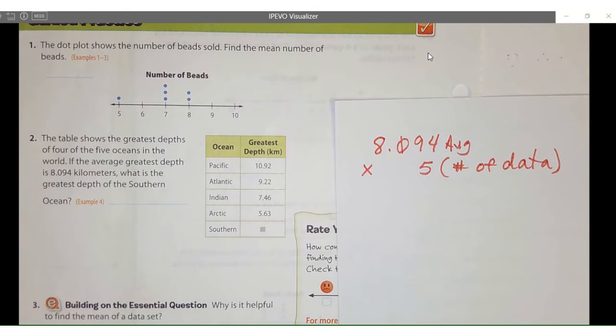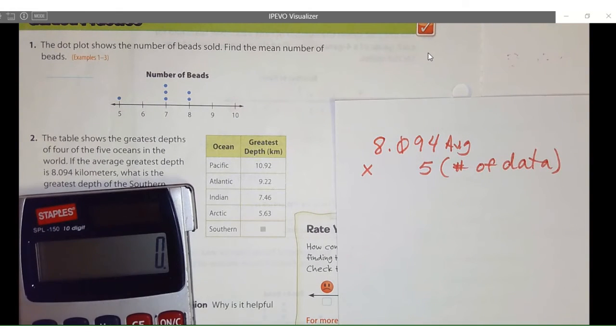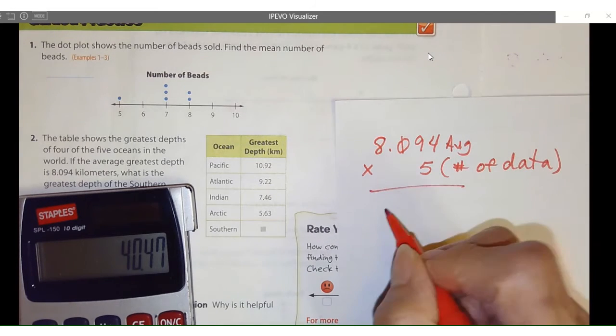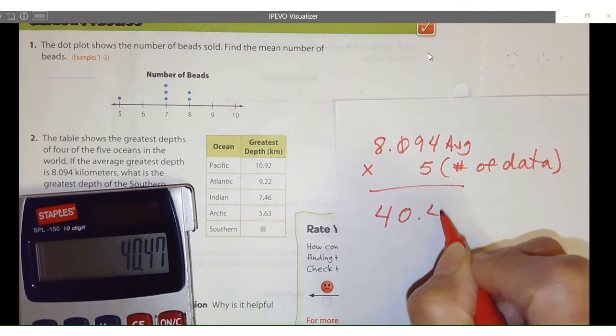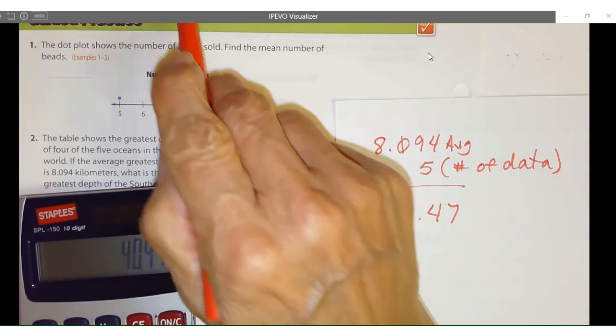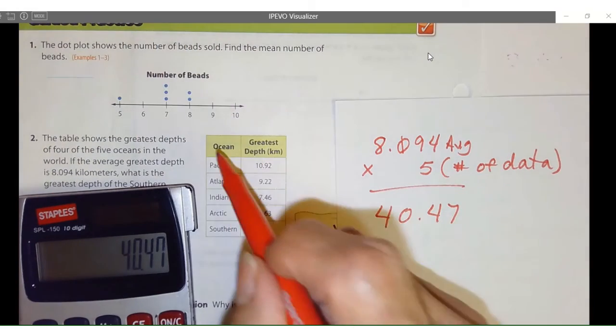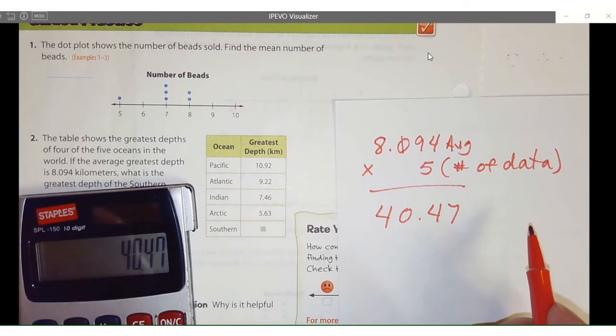Okay, so let's go ahead first and get that. 8.094 times 5 equals 40.47. So that's what they're saying is the total. So that would be the total of all of these.